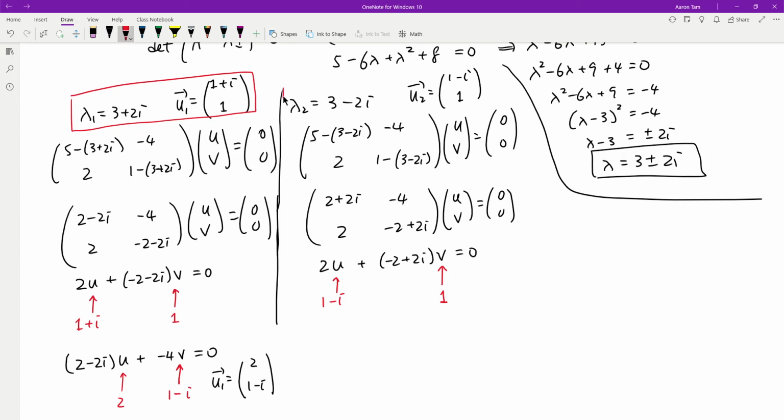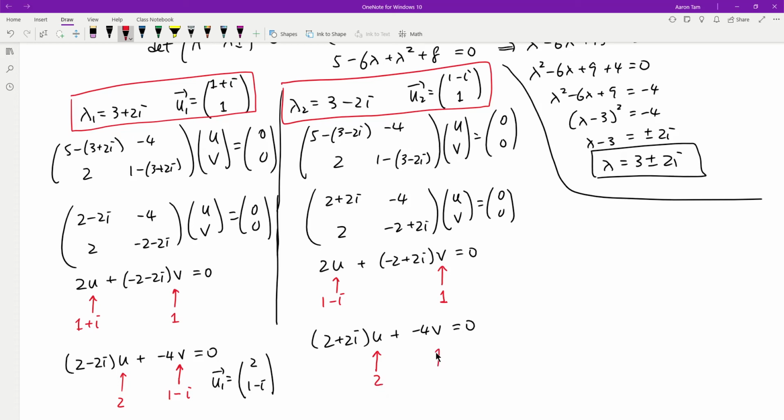And once again, if you did not use the second equation, but used the top equation, you will get something that probably does not look like my vector u2, but it will still be a multiple of that. Maybe we just do it, just in case that's what you do. So again, I'm going to do the same exact trick. I'm going to multiply this by 2, so it becomes 4 plus 4i.